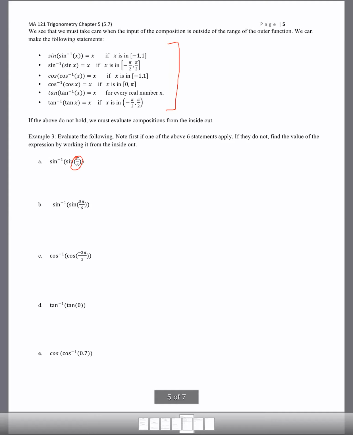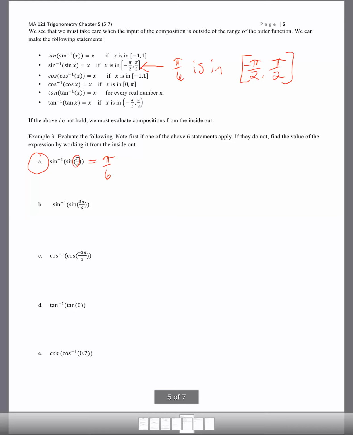So for example, if I am asked what is the sine inverse of the sine of pi over 6, I could note up here that pi over 6 is in the given interval negative pi over 2 to pi over 2. And because that is the case, I can note that the sine inverse of sine pi over 6 is just equal to this input, pi over 6.